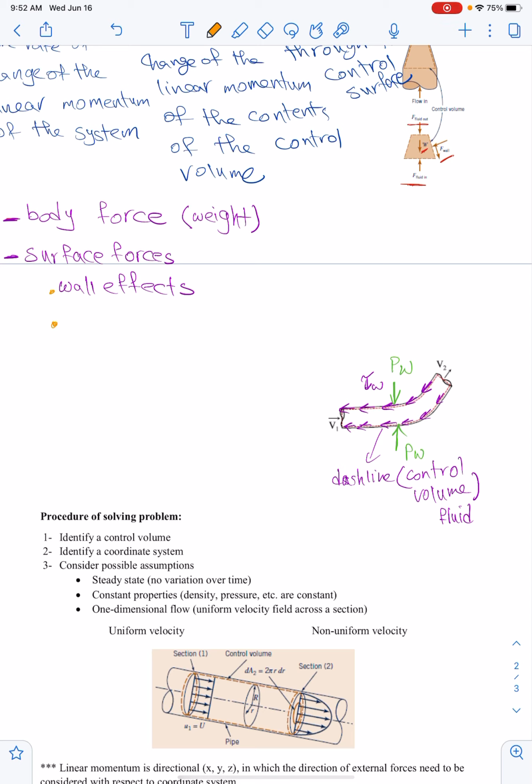The other one that we have is the pressure effect.